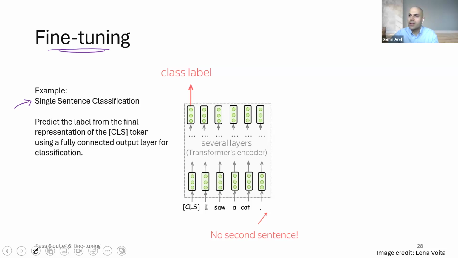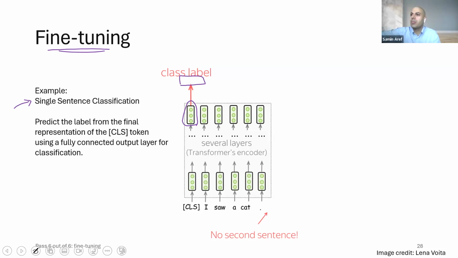Now with fine-tuning, we're preparing it for a given task. So here we're preparing it to become a classifier for single sentence input. So for single sentence classification, what they did was they essentially attached the fully connected layer here, and then they just used this vector representation of CLS for binary classification.